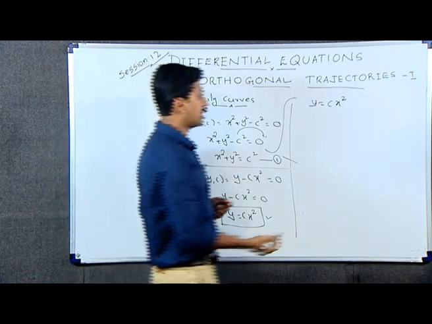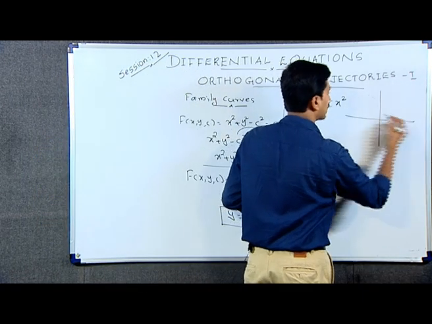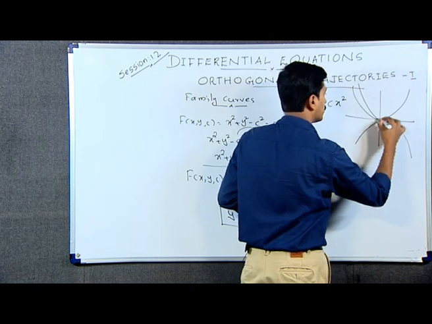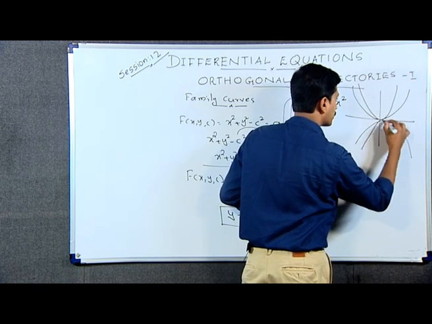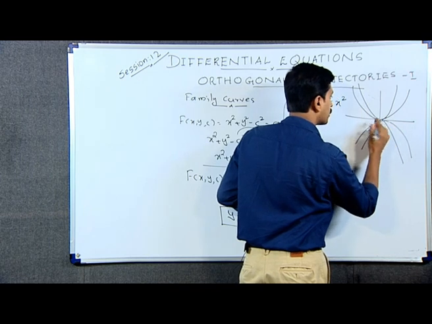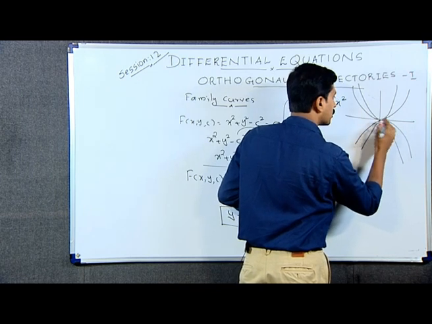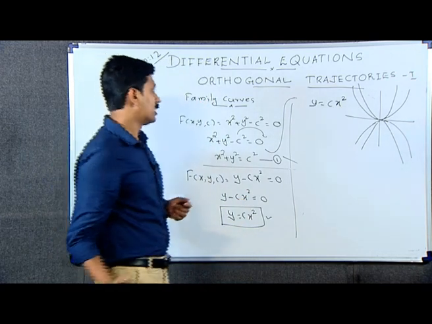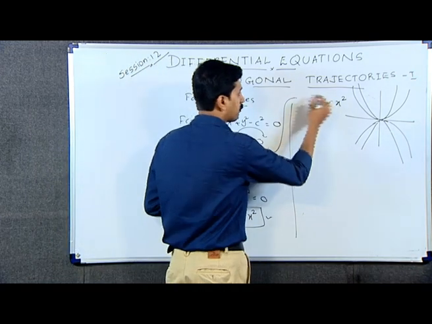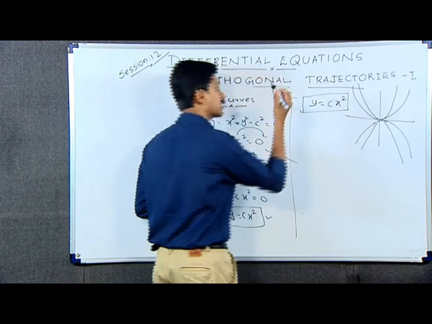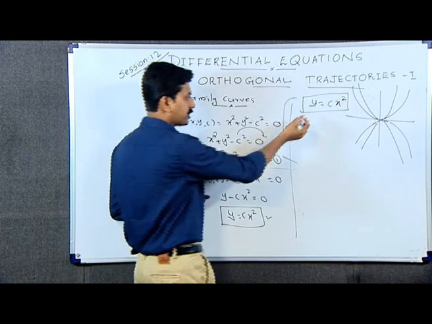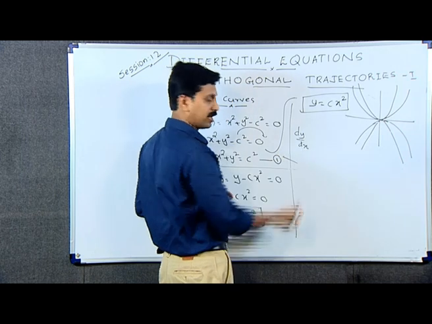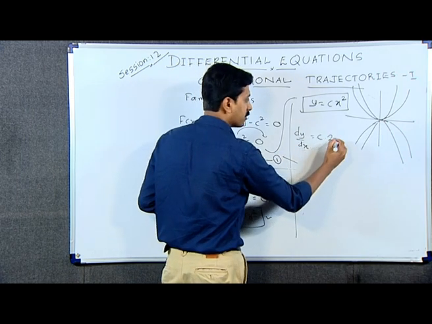We know the family of parabolas looks like this, we have already shown it here. The family of parabolas will come like that, and what will happen after differentiating? While differentiating on both sides, we will have dy by dx equal to c into the derivative of x square, which is 2x.